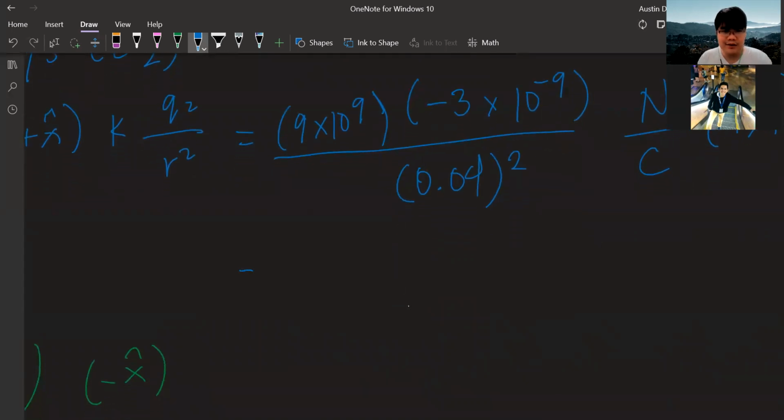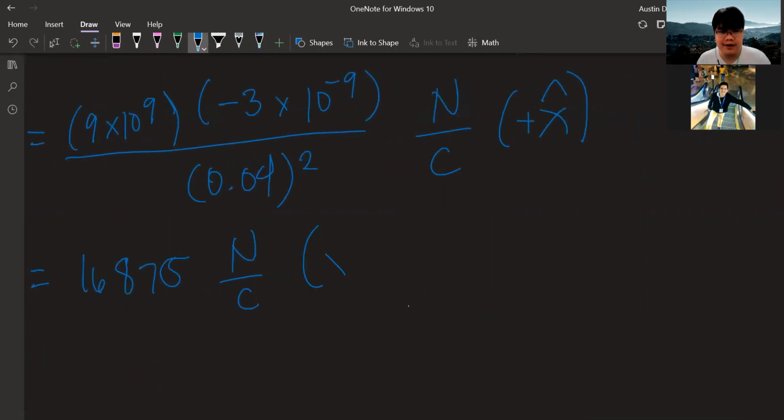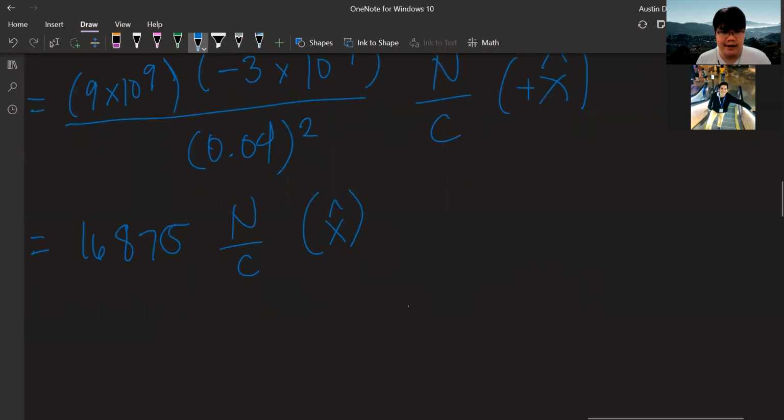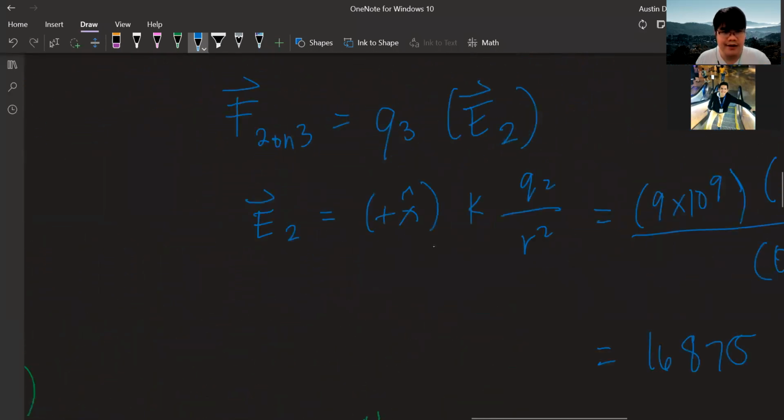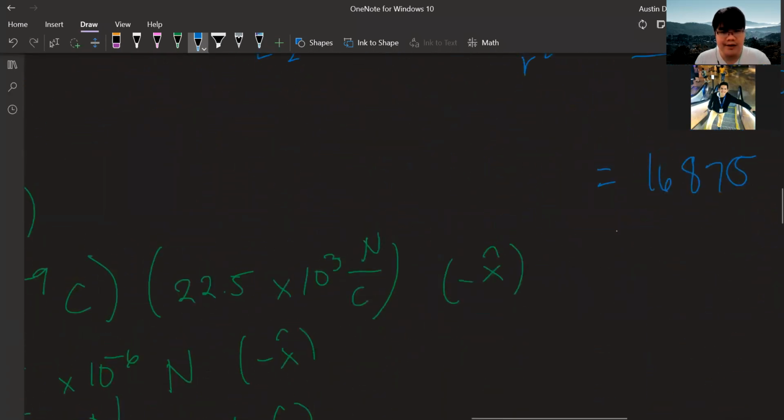Okay, so calculate it. The numerator is easy because it's just 27, negative. Right? The 10 raised to 9 and 10 raised to negative 9 just cancel. And you're left with 16,875 newtons per coulomb. Then, that's for x. Then, the force would just be multiplying Q3 by this amount.